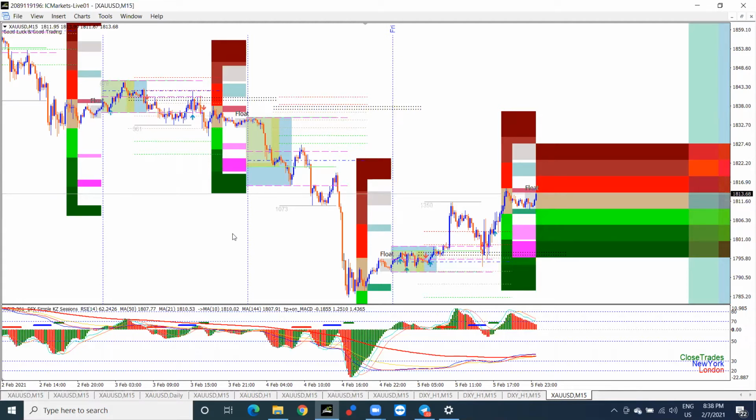Now, we have these boxes here, which we will call standard deviations. These red lines here we will call the buy lines, and these green lines here we will call the sell lines.